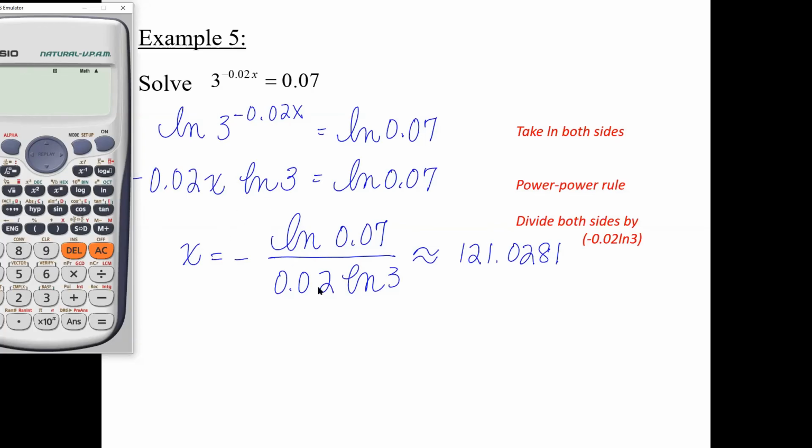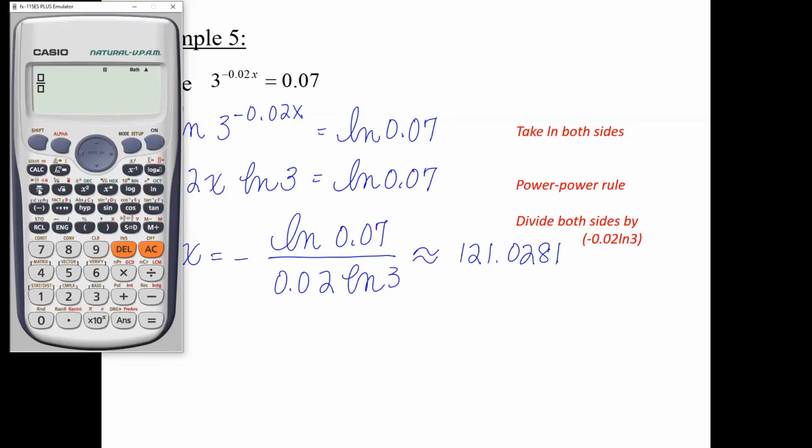And here's the natural log 3. This we can put in a calculator. To do that, we would first need the fraction key. Actually, we wouldn't. Let's do it without the fraction key.